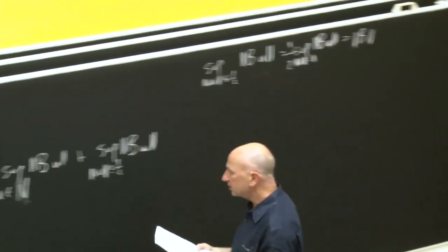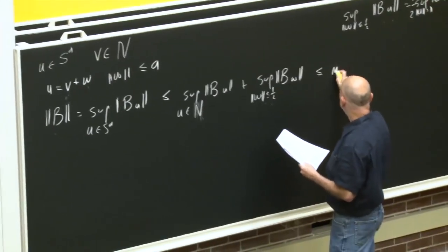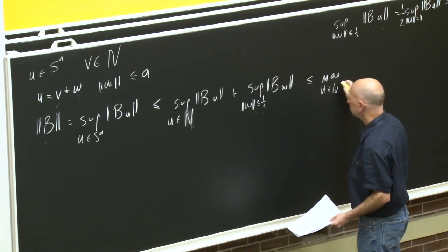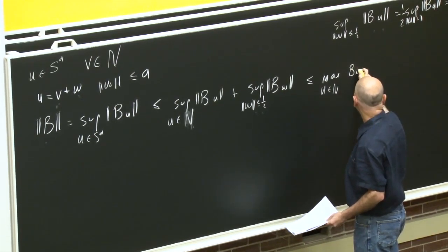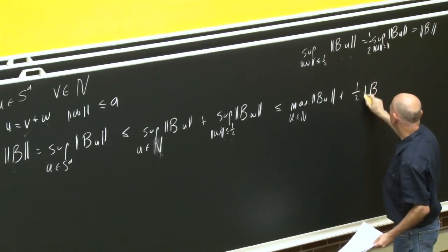Okay, so in other words, this is less than or equal to, and I can even write this sup now, it's a maximum, right, over a finite net, plus a half times the original norm.